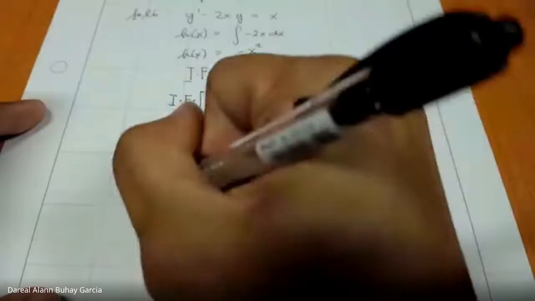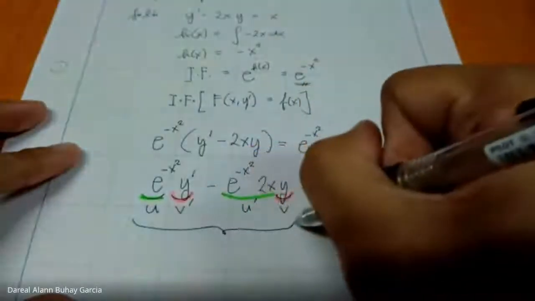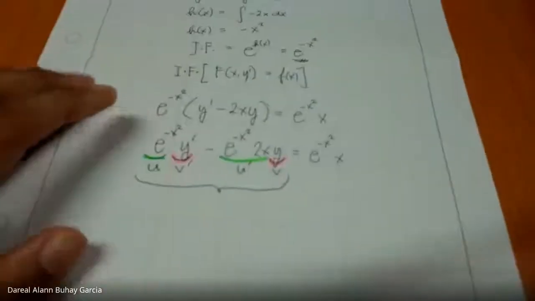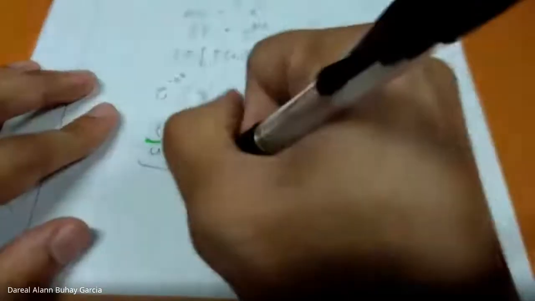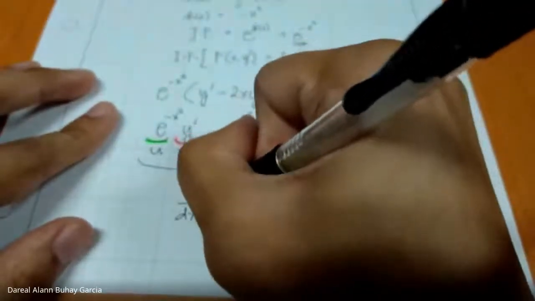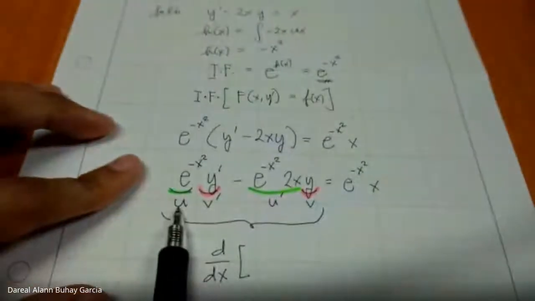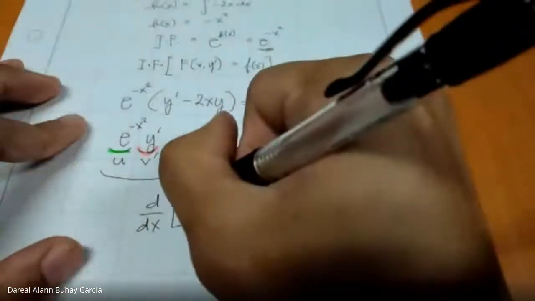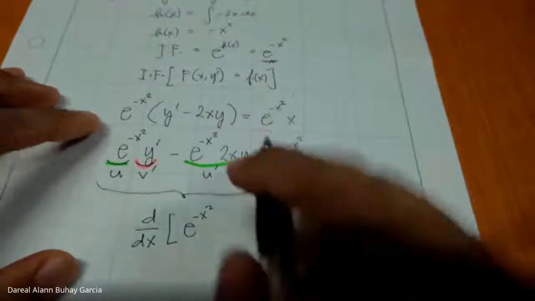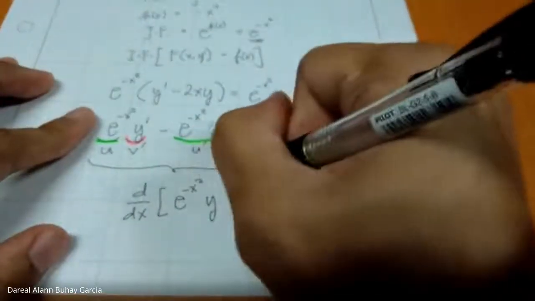Meaning this can now be synthesized. It is u v prime, or rather d over dx, which is the more appropriate notation: d over dx of the integrating factor e to the negative x squared times the function y.